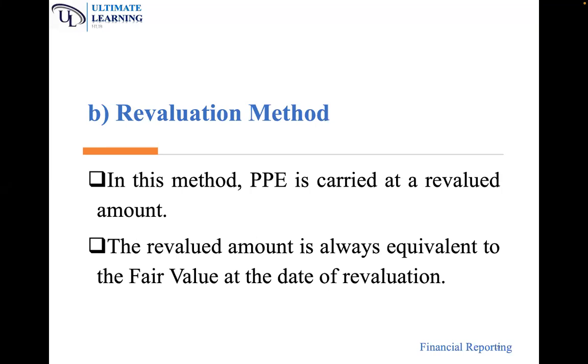So the revalued amount is always equivalent to the fair value at the date of revaluation. What is fair value? Selling price minus selling costs. So revalued amount is equivalent to the fair value. That is the take-home point.